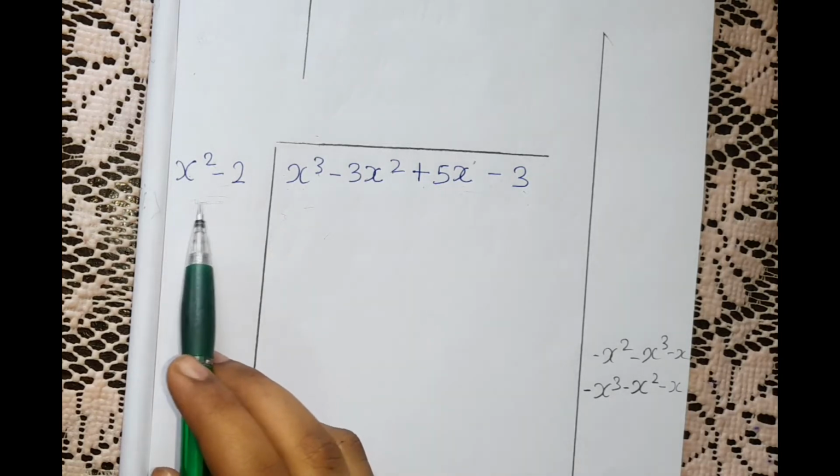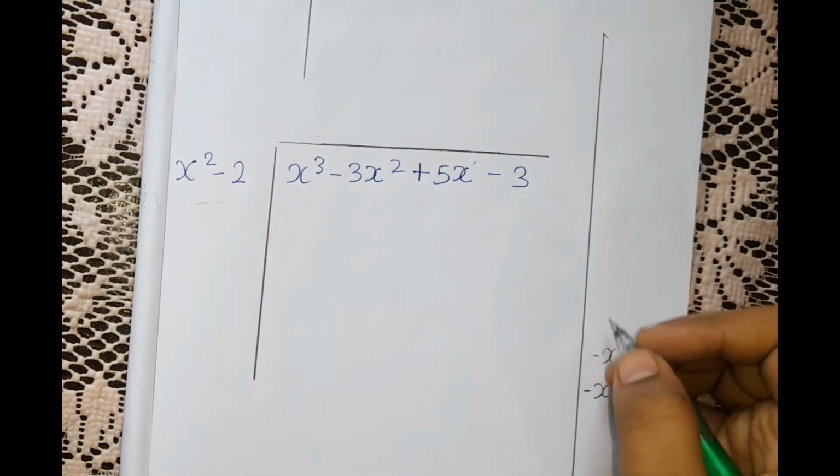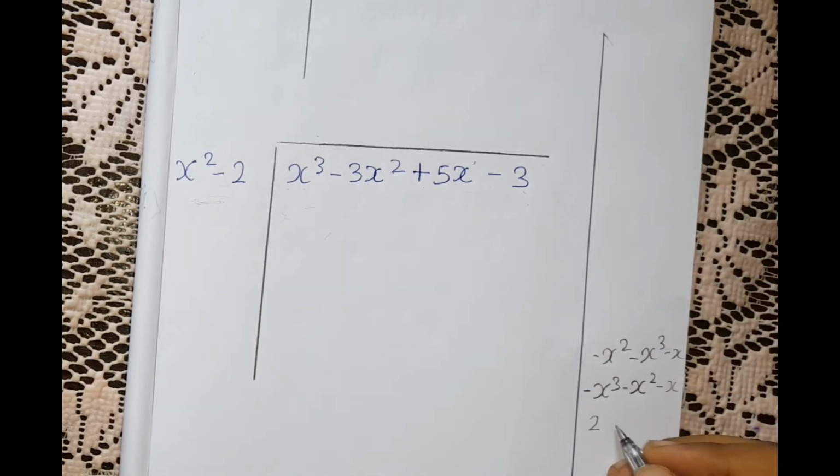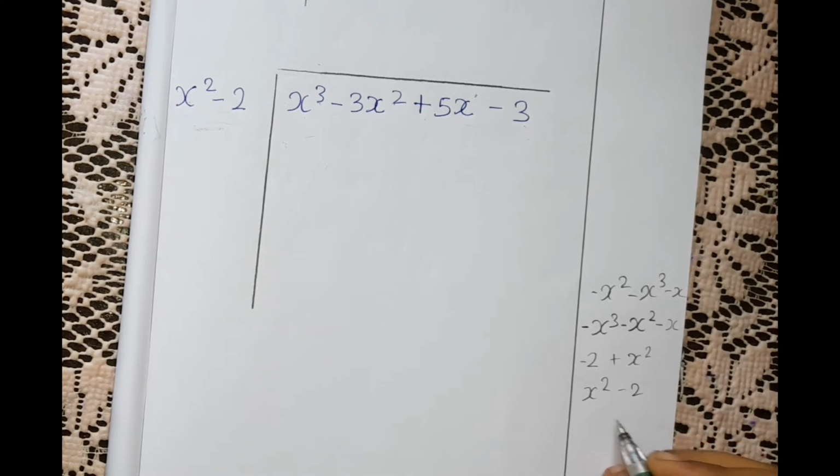Sometimes they might give it the other way around, like 2 minus 2 plus x square, which is not in the proper form, because the constant term is supposed to be at last. So we should write x square minus 2. This is the proper form. First we write the variables and then the constant term. I hope you understood this. This is the main rule in this question.